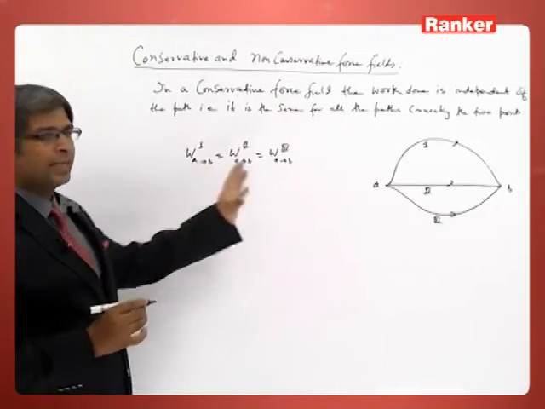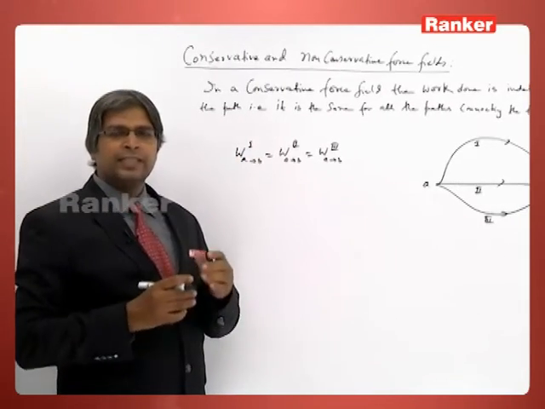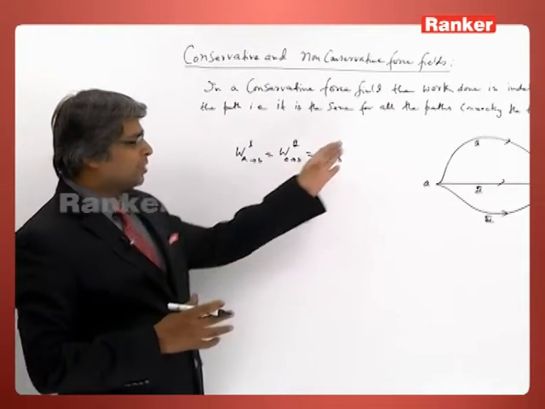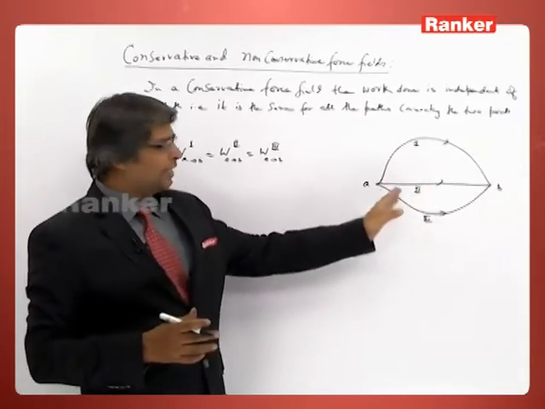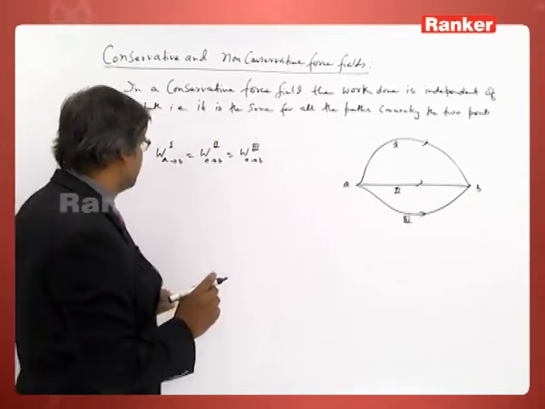So these all work done is same. So this is the property of the conservative force field, that is, if you move from A to B by any of the paths, you have to do the same work done.